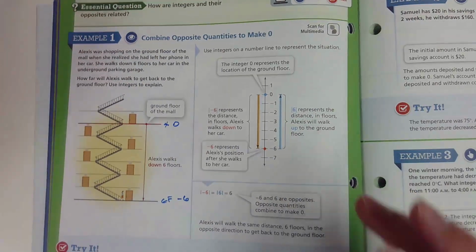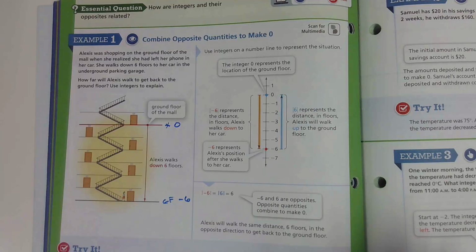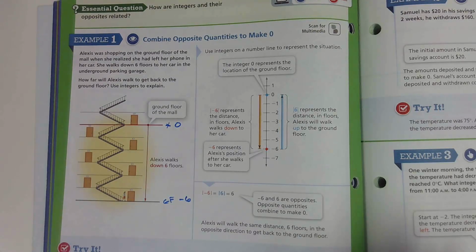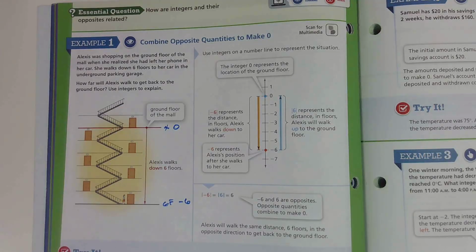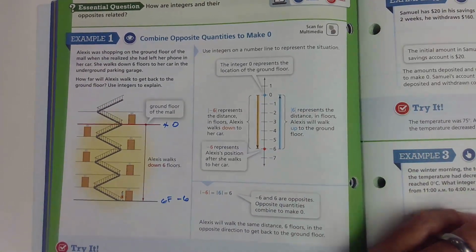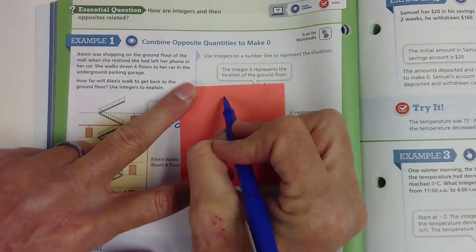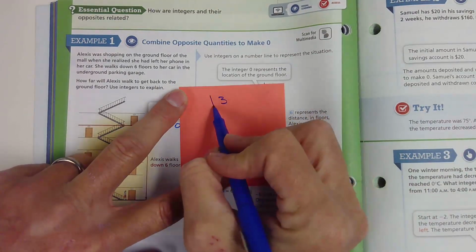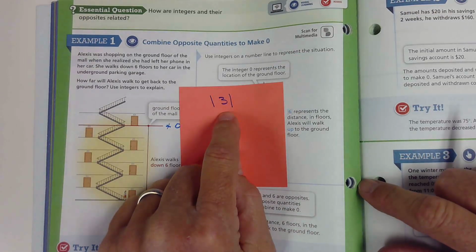So they're going to be talking about absolute value, and let me explain how that works here. I'll grab a sticky note. Whenever you see the 2 little vertical lines like they've done right here, if I put a number right here, let's say it's 3, and then you see this, that will be read as the absolute value of 3.